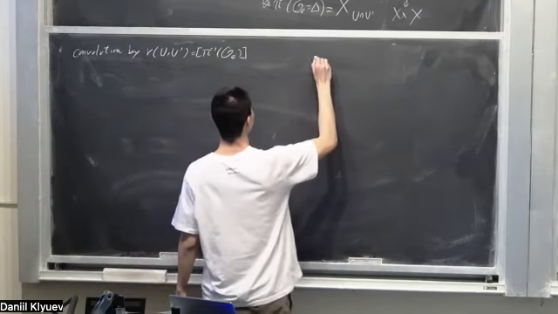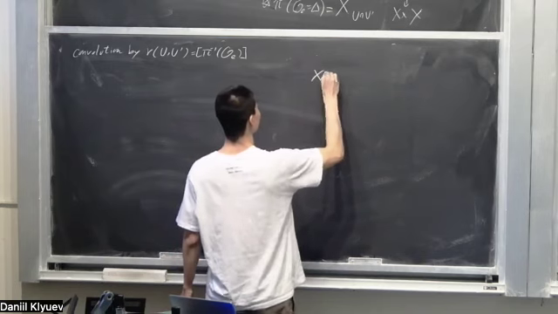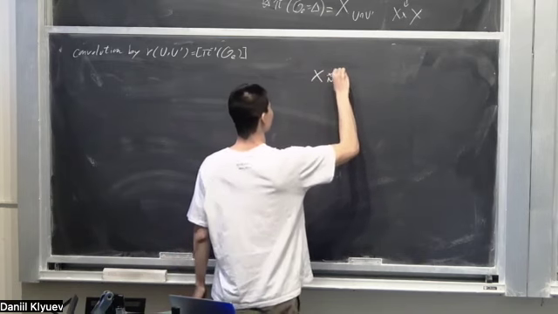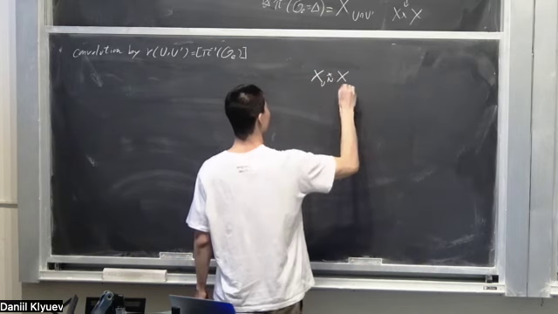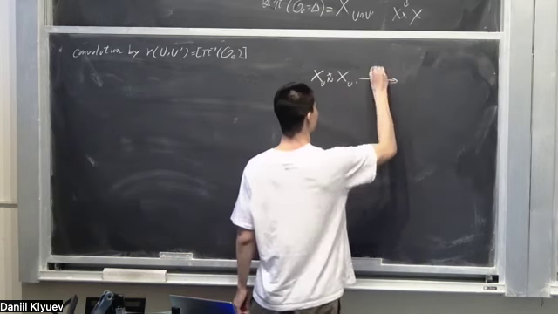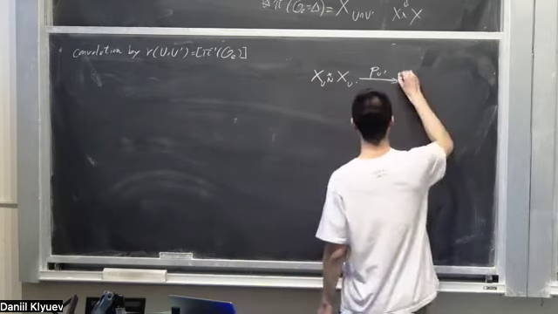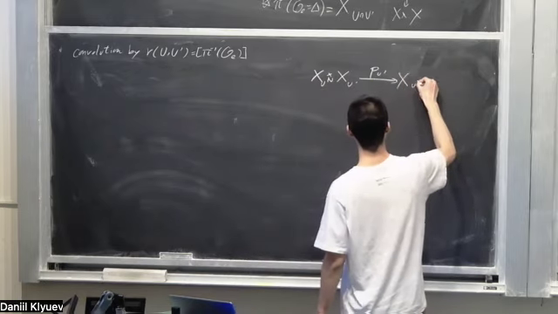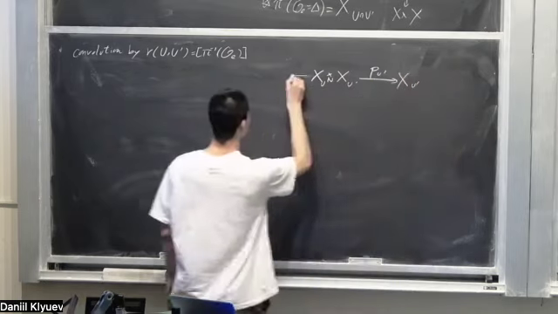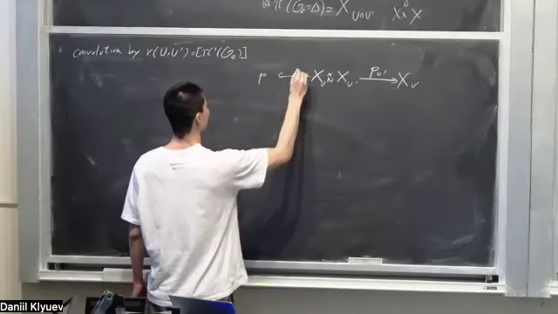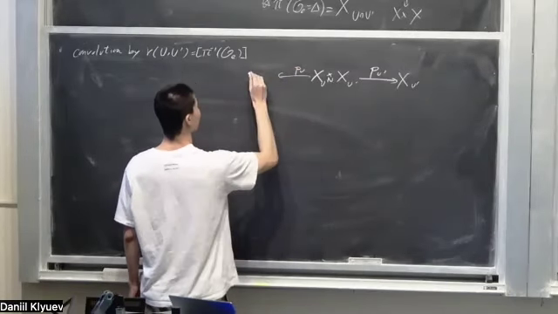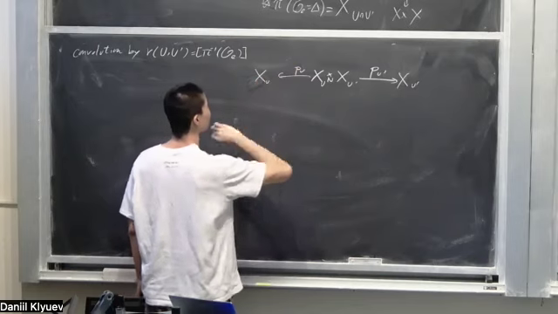We get something like U prime, PU prime, XU prime, EU, XU.